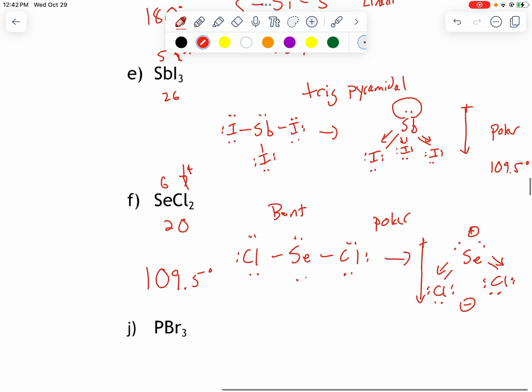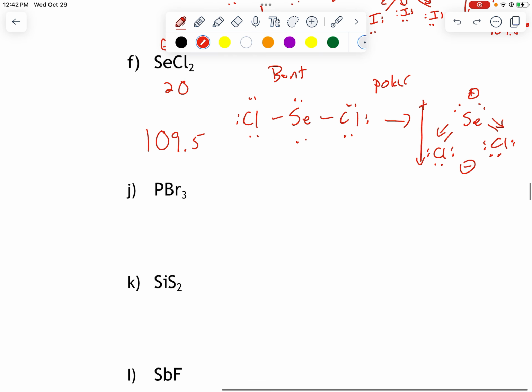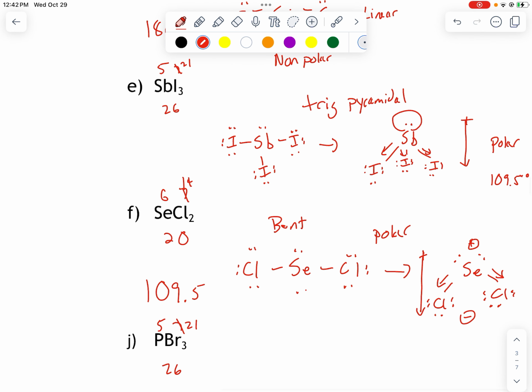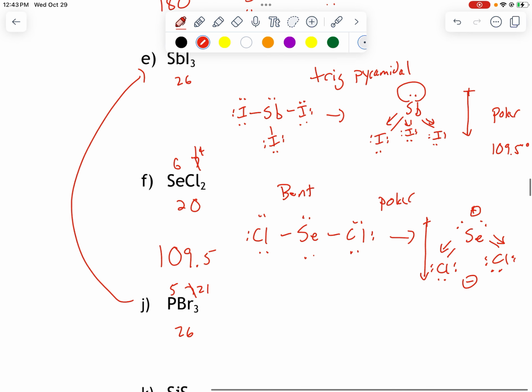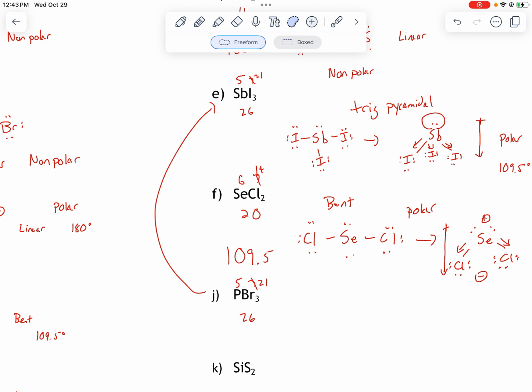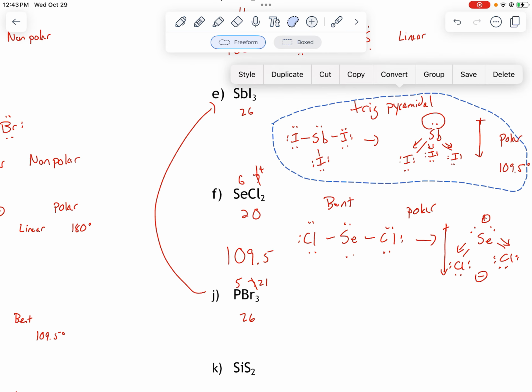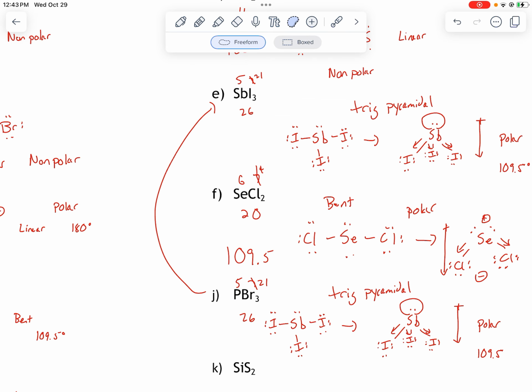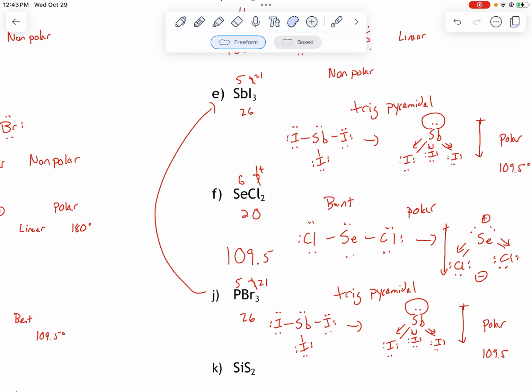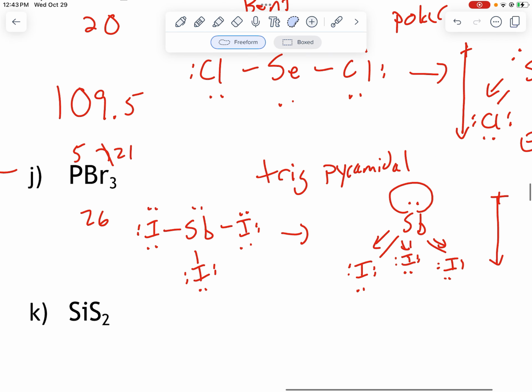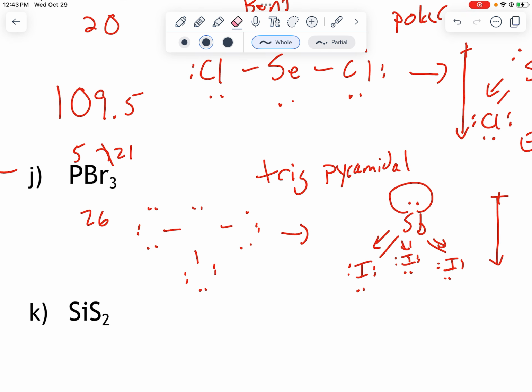Okay. Ooh, PBr3. It's a good one. 7, 5, 21, 26. Ooh, where have we seen a 26 before? It's going to be just like this one. Watch what we can do. Duplicate. Bring it down. And we can just adjust this how we need it, right? The center atom and the outside atoms are just different.